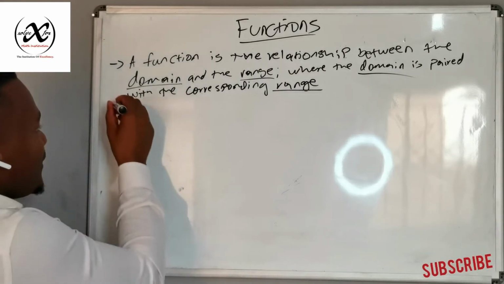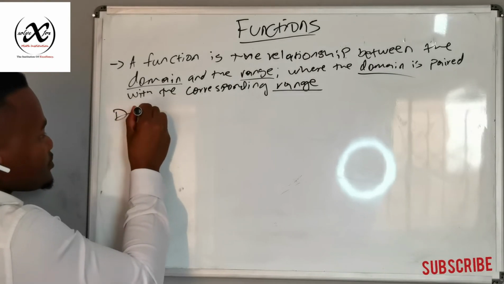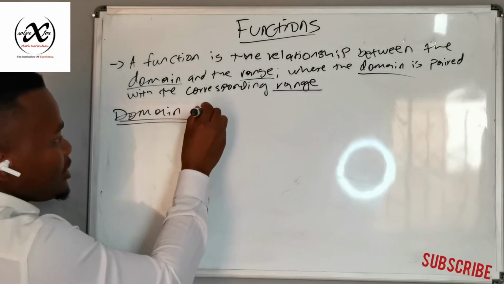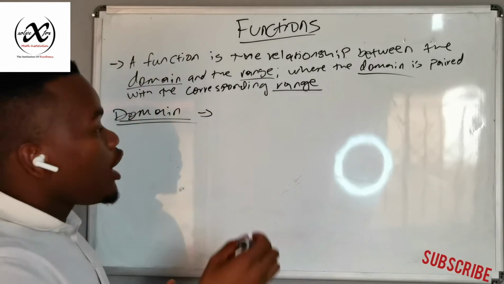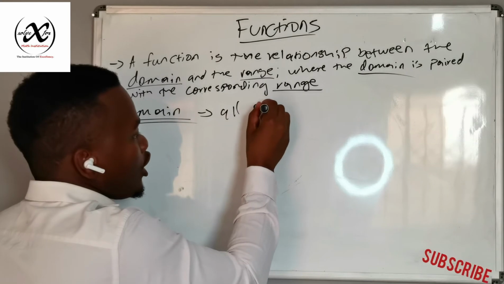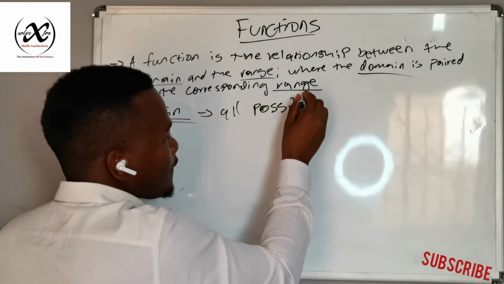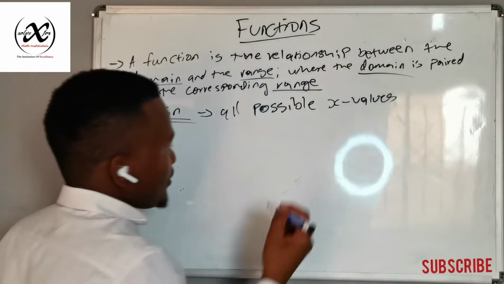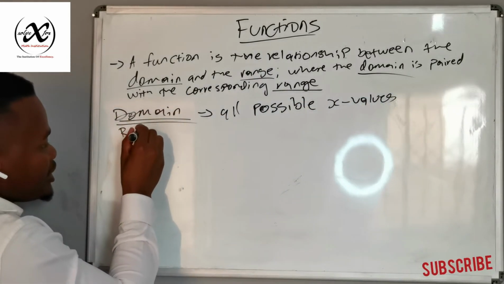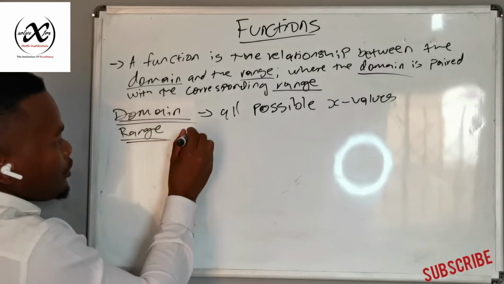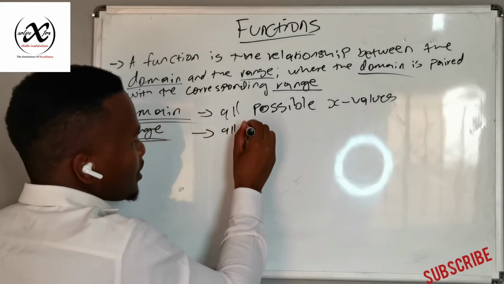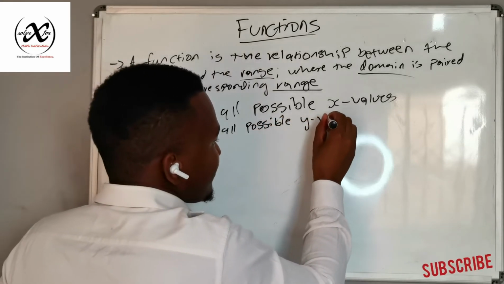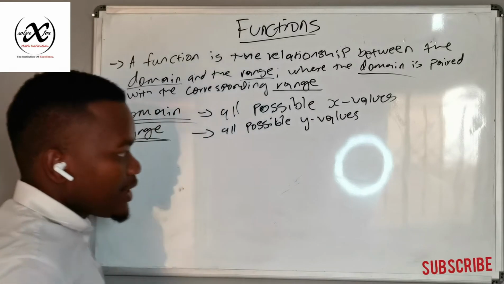So, domain, let's explain what a domain is. For the domain, we talk of all possible x values, right? While for the range, we talk of all possible y values, right?